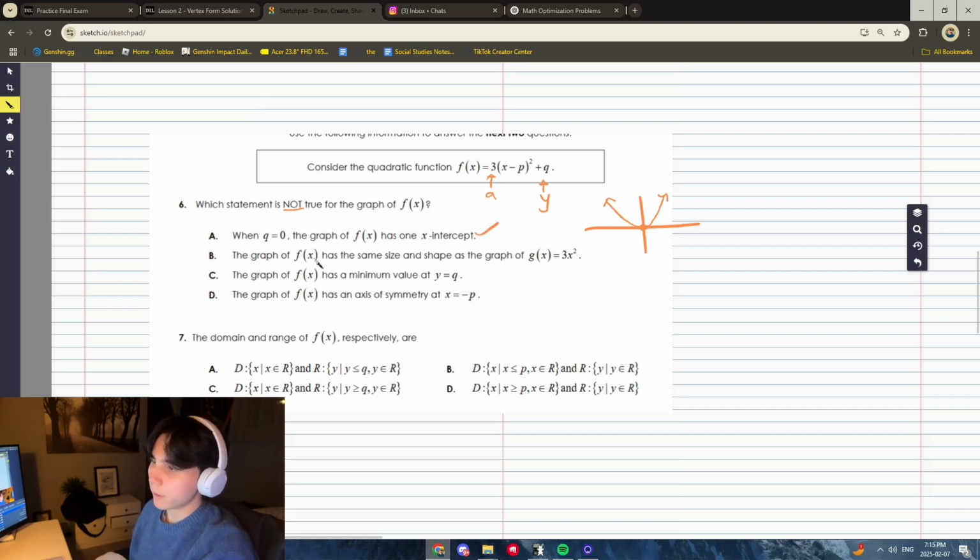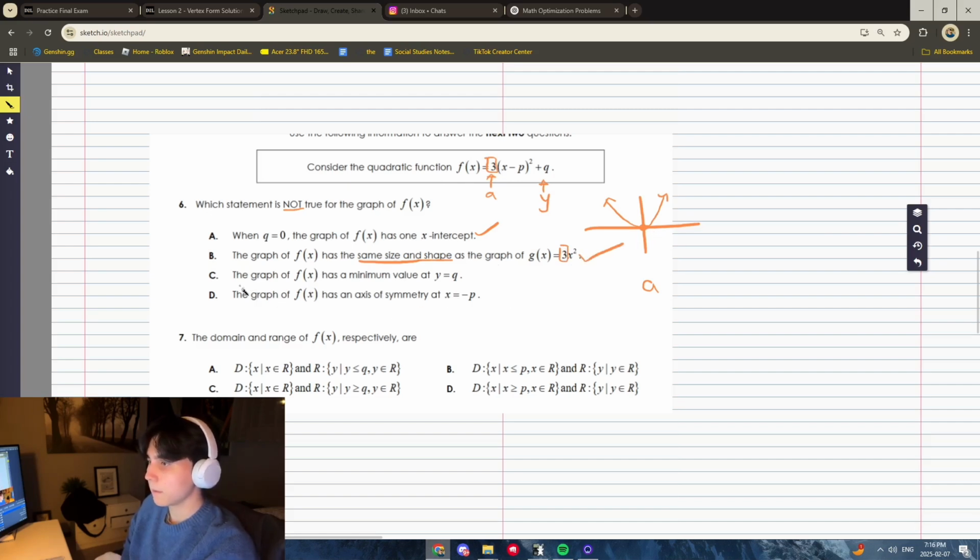The graph f(x) has the same size and shape as the graph of 3x squared. And remember that when we're talking about size and shape of a graph, that's going to be talking about our A value. And since our A value is 3, and the A value is 3 right here, that means they're going to share the same size.